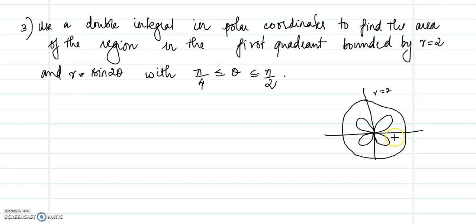Now we need to find, okay, so this will be theta equal to pi by 4 and theta equal to pi by 2.